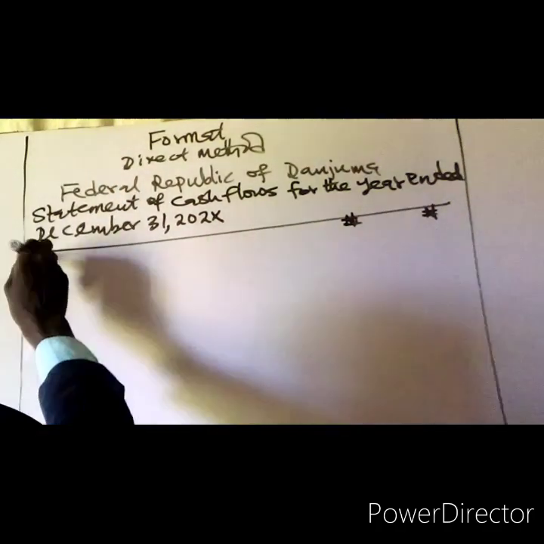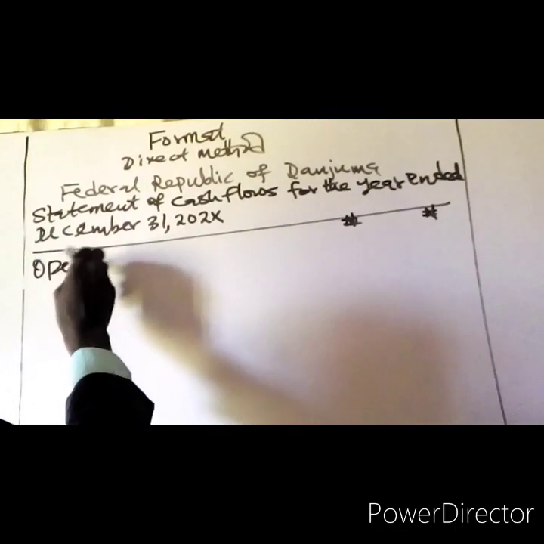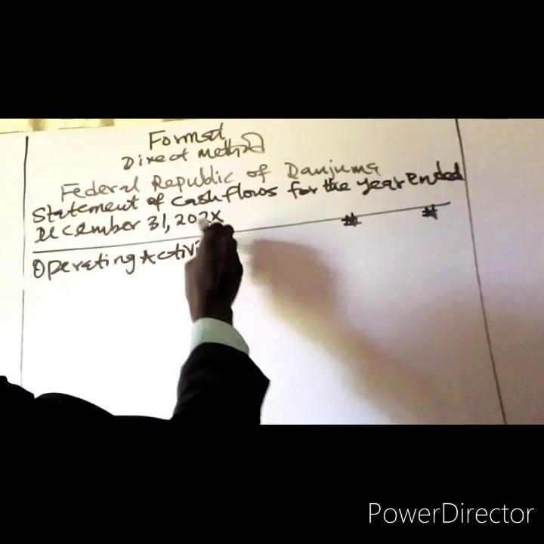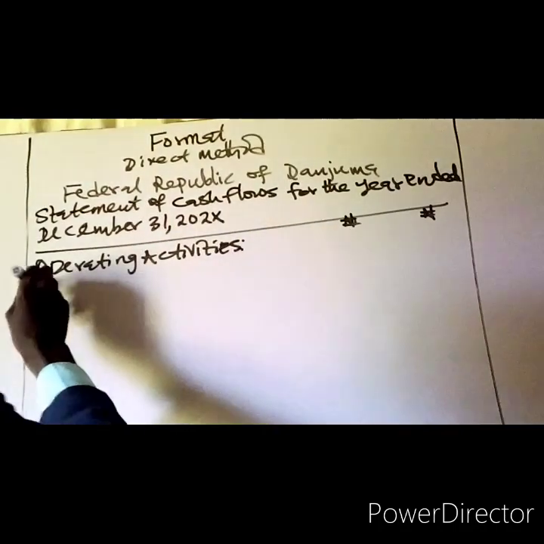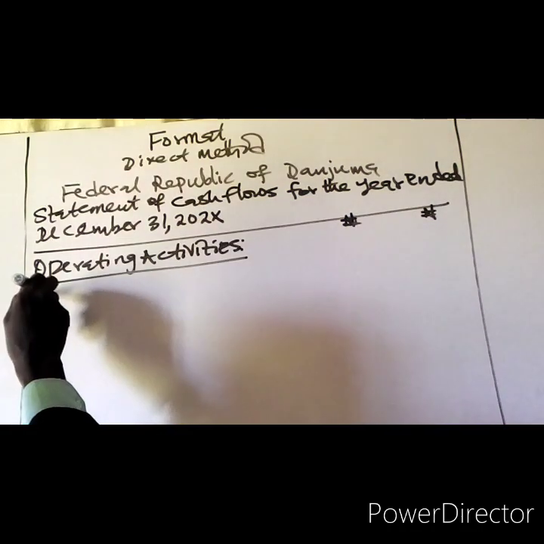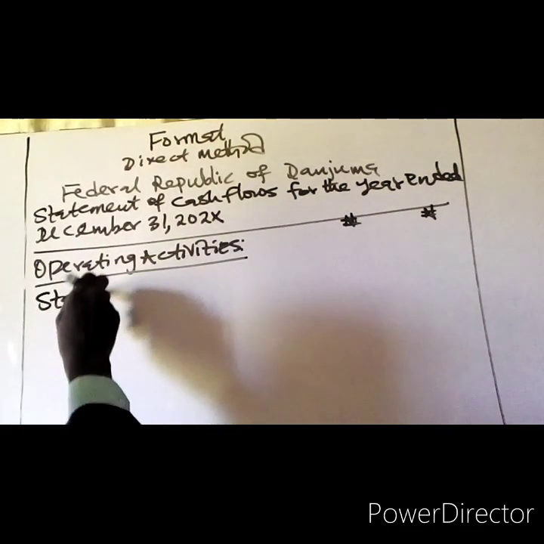The first heading will be operating activities. I've told you that under this activity you are going to have the revenue and the expenditure of the government that falls under their principal activities. As part of this, you have statutory allocation.